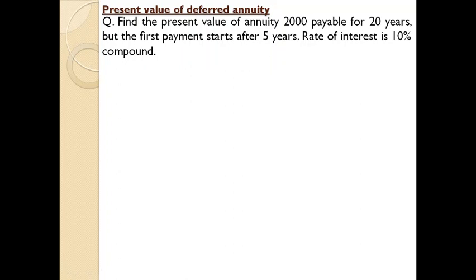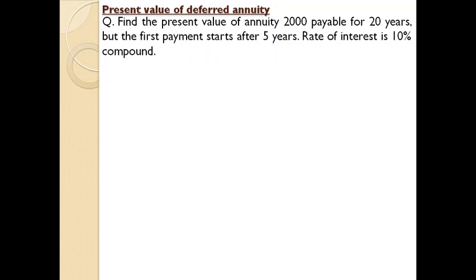Total time is 20 years. Since 5 years period has lapsed, the remaining time is 15 years, and the rate of interest is 10% compounded. So let's see how we are going to deal with a case of deferred annuity where present value factor is taken into consideration.